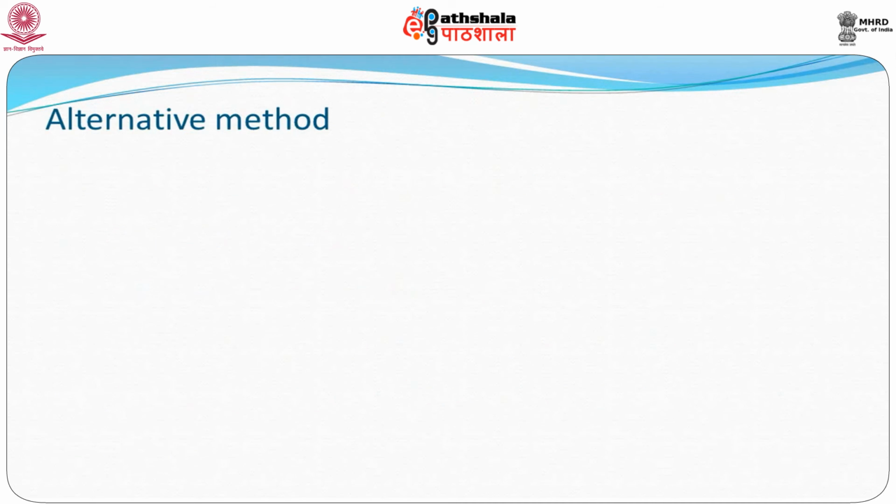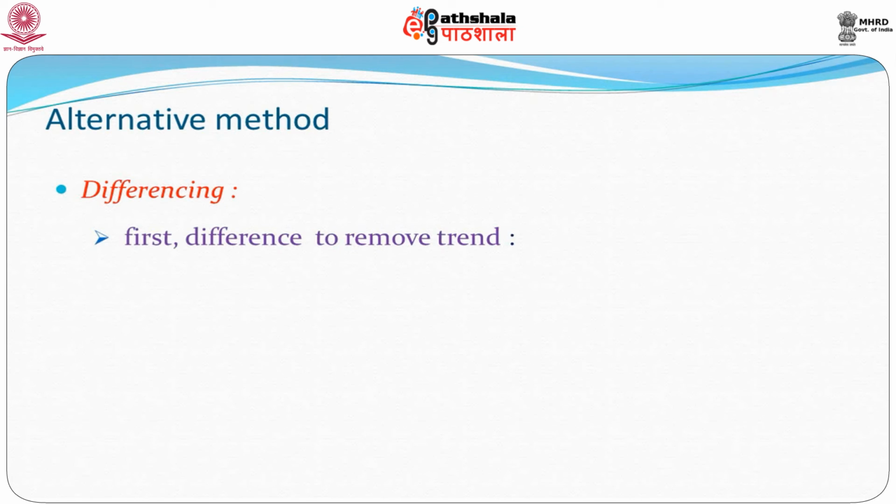There is an alternative method of detrending and deseasonalizing a series, and that is by differencing. First, difference to remove the trend. We have seen this before. So if you take yt minus yt minus 1, that is the first difference, then if you have a linear trend, that is removed.